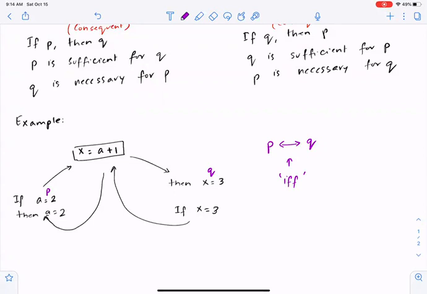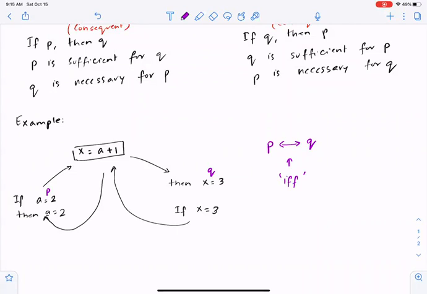So let's say I'm writing some sort of an article and I'm trying to make a point, trying to explain some logic that I have, and I say P if and only if Q. The reader is going to interpret it as if P, then Q, if Q, then P, both of them are true. Now, would the reader agree with me? Maybe, maybe not.